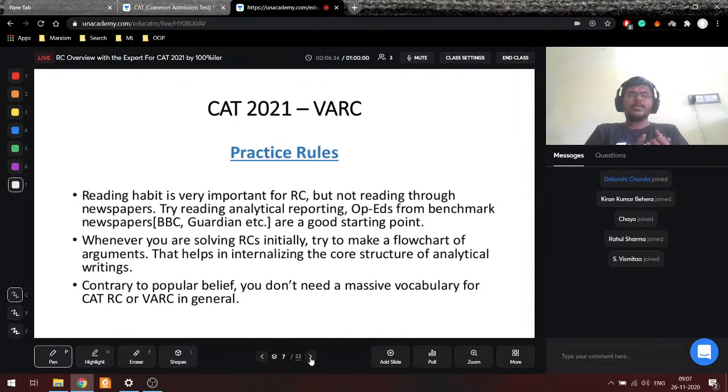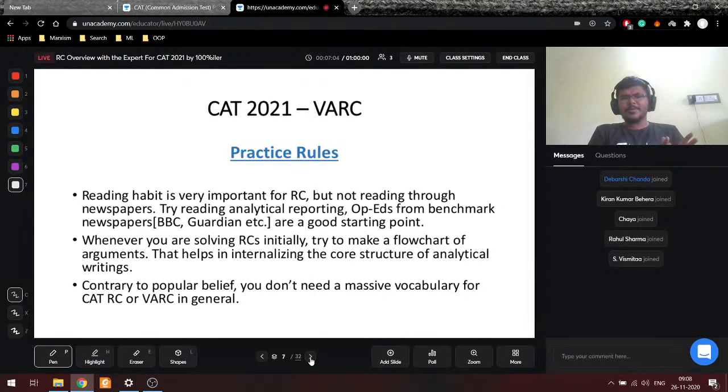So what I would suggest is that if you are trying to pick up a reading habit to prepare yourself for the RC section, try to read analytical reporting. There are sites like Vox or some good blogs on Medium you can check and try reading through. Op-eds from good newspapers like BBC, Guardian, Wall Street Journal, Washington Post, etc. are a good starting point.